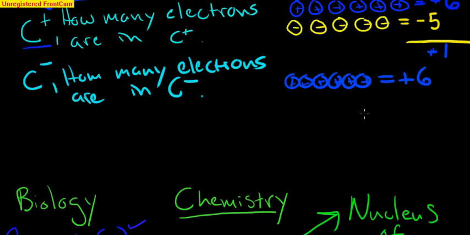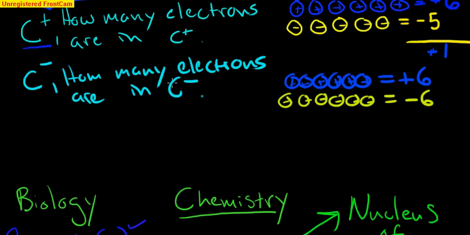So first things first, we need to make that 0. So 1, 2, 3, 4, 5, 6. All right, so that gives us a minus 6. And all we did there is make carbon with no charge because these are canceling out. Remember, plus 6 minus 6 is 0.